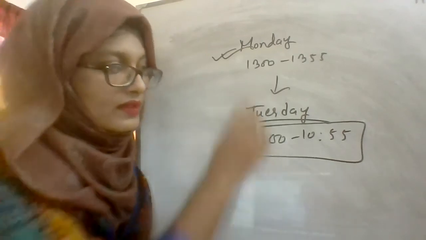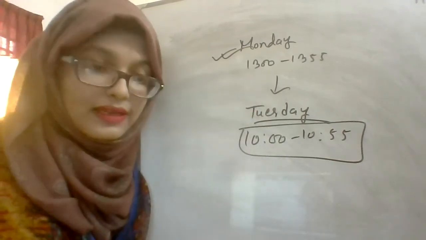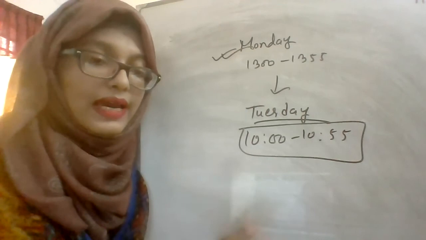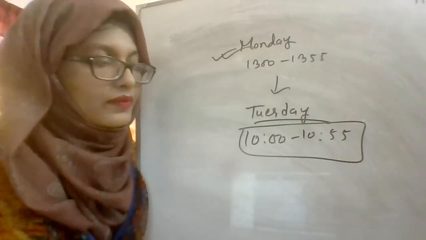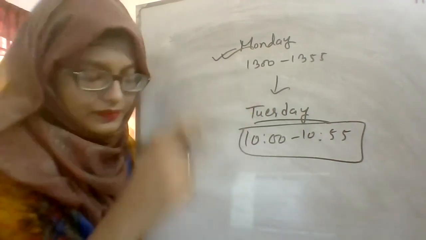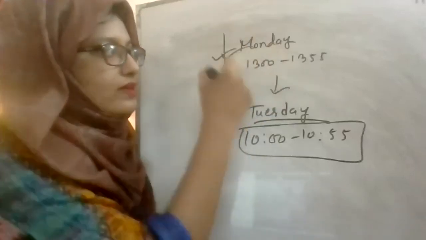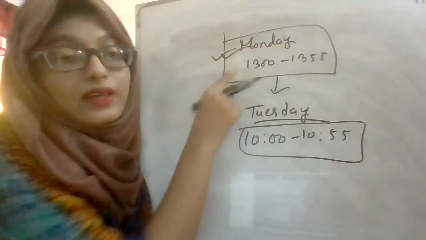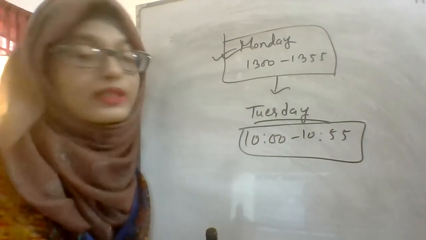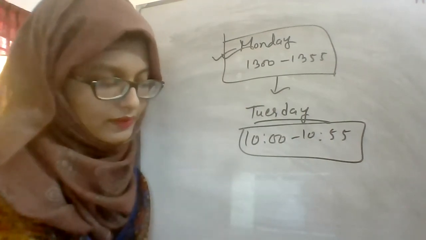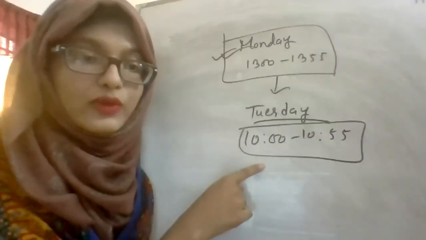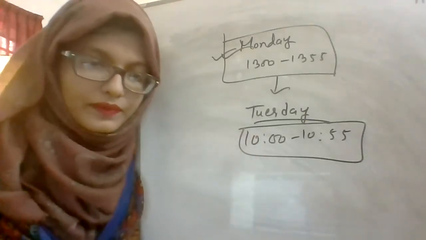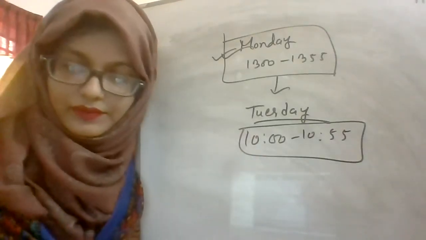If I shift this date for your exam, then I must inform you. Okay, ma'am. But for now, consider that your exam will be held on Monday at 13 to 13:55. But your class has been shifted to Tuesday, okay? Yes, ma'am. Okay, ma'am.